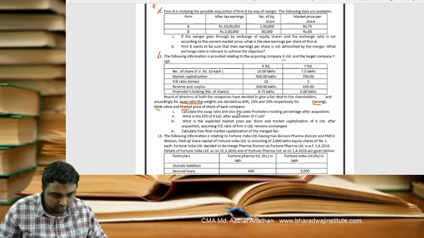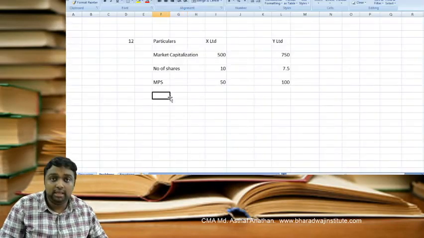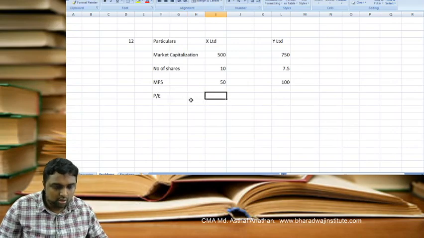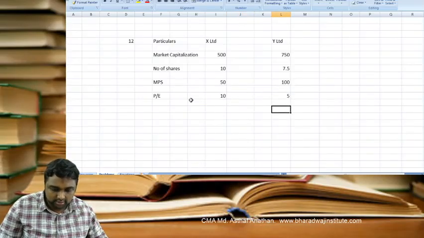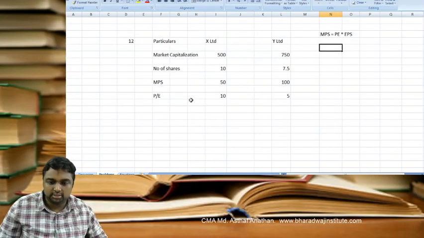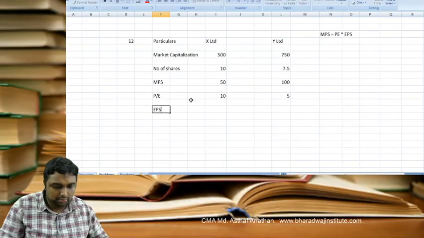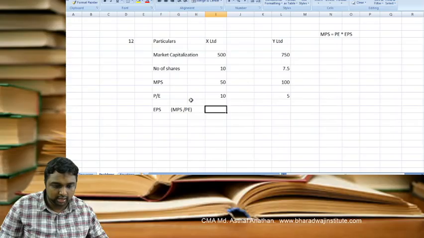Now, your PE ratio. What is the PE ratio? 10 and 5. We know MPS is equal to PE into EPS. So we can say EPS will be MPS by PE.